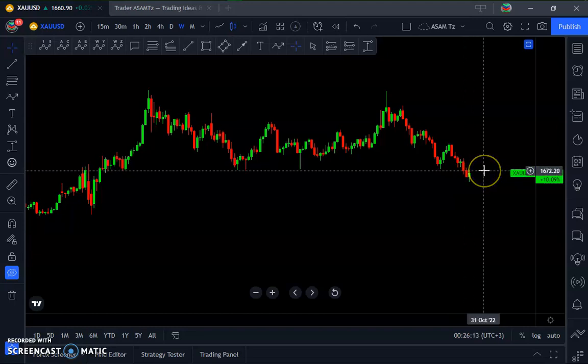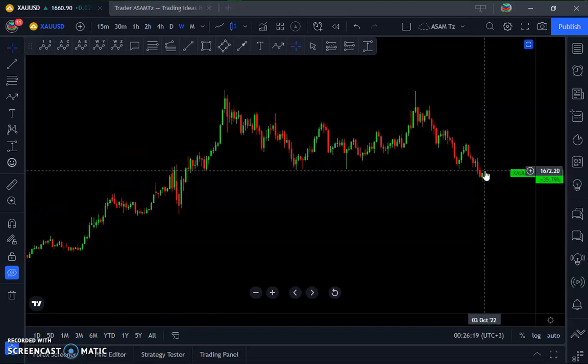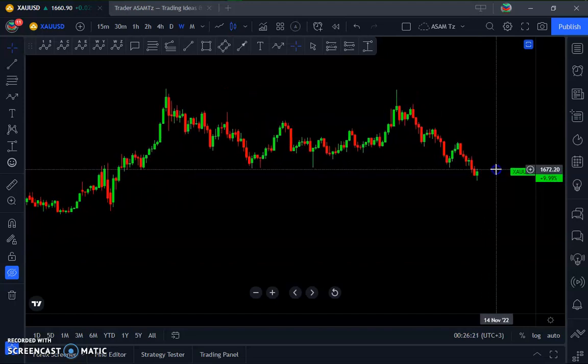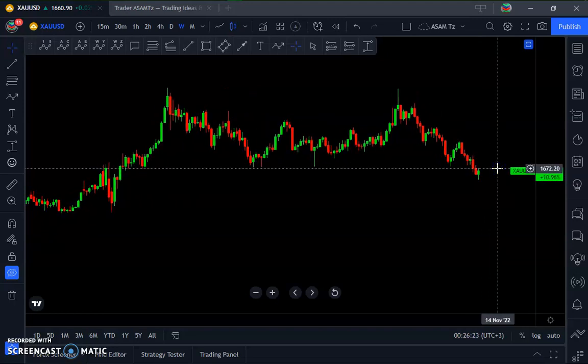We can consider this movement to the upside as a retest of a broken level, which has been supporting prices several times. If this retest is completed, what we expect after the retest is a continuation in that particular direction.